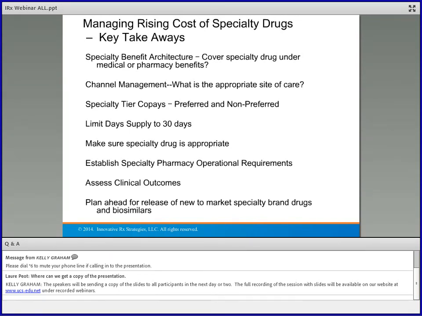It's really looking at the overall totality of your spend, from both medical and what you don't currently have to provide versus what you would have to provide. You can certainly work with your broker to figure out what that is versus what savings you would achieve on the specialty side in terms of controlling that spend. So where specialty starts getting to be 50% of your drug spend, it's something to consider.